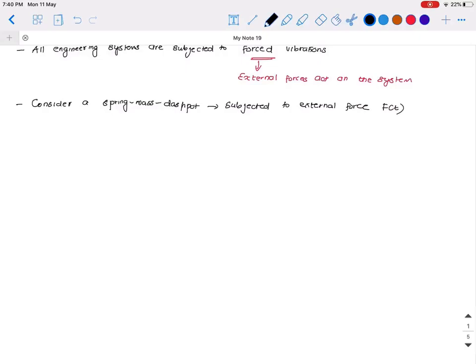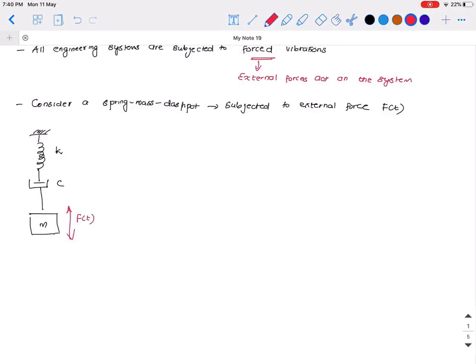So we have a spring of stiffness K and a dashpot represented by C attached with a mass M, but now it is subjected to external forces given by F of t.